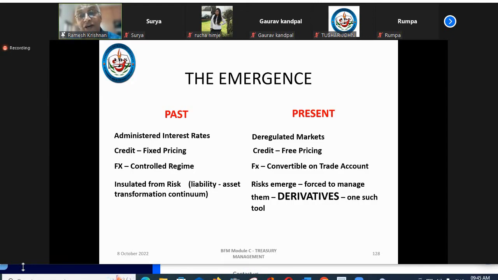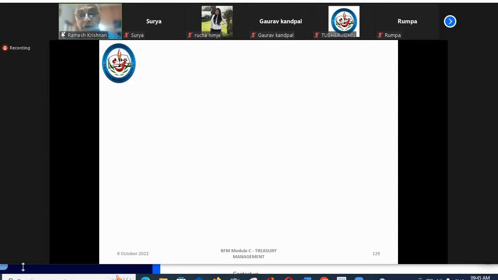That is why today we are learning in BFM module D and module B what is balance sheet management and what is risk management specifically. So derivatives are one of the tools to manage such risks, whether it is interest rate risk or exchange rate risk or commodity price risk.